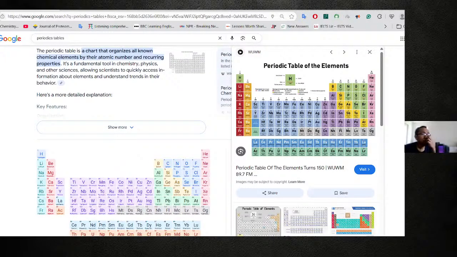Why is it not showing up? Yeah, this one. So as you can see, germanium. Where is the germanium?